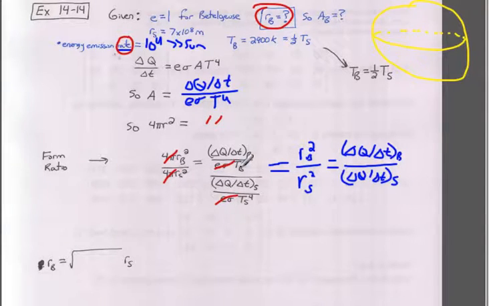And these are both on the bottom, so since they're like that, I'm going to just flip them. Does that make sense? This guy's going to go up there, and this guy's going to go down there. We can flip them and do a little reciprocal. So temperature of the sun to the 4th is now on top, and temperature of Betelgeuse to the 4th is now on bottom. And then we say, okay, do we know those things? I think we did.